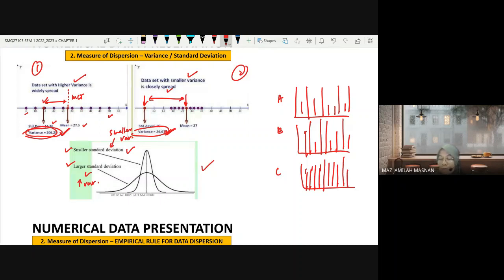Okay, so you can see that these two have higher variability, but in this one most of them are close together. So here we can say that this one has lower variability. Lower variability reflects lower variance.